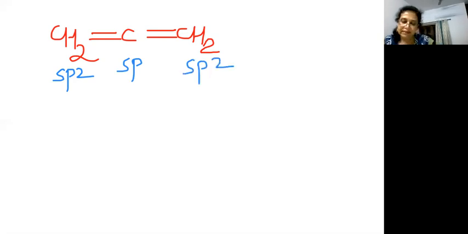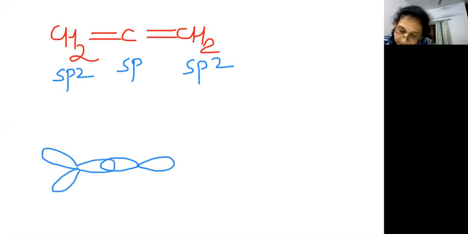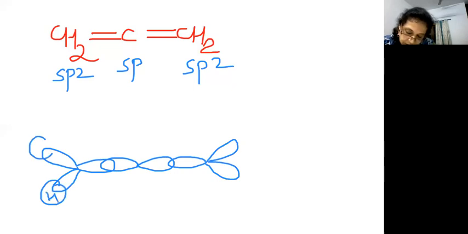Now let us make this structure. Okay. So let's start with the center carbon, sp hybridized. So I have made the sp hybridized carbon. On both sides, I have an sp2 hybridized carbon. So let me make one sp2 hybridized here and another sp2 hybridized here. That's it. And now I have to place hydrogens. So I have placed hydrogens there. Okay.